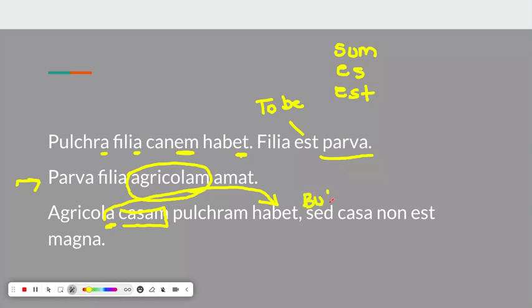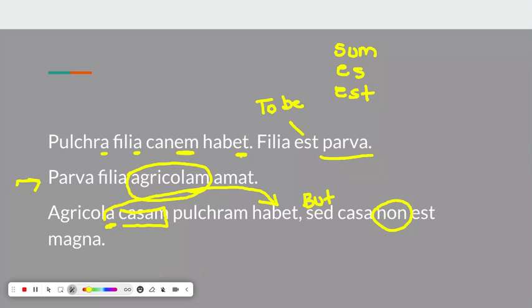But, is a word you should know. But what about the house? You know what magna means. Magna means big. Est is to be. The house is not big. So let's read it.